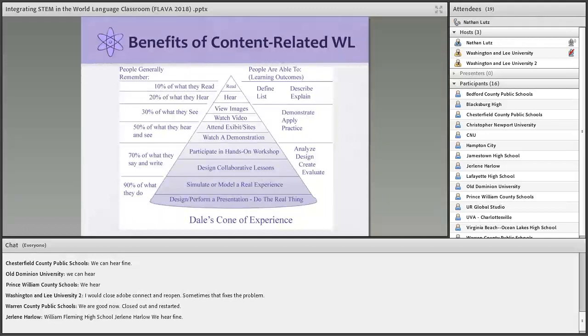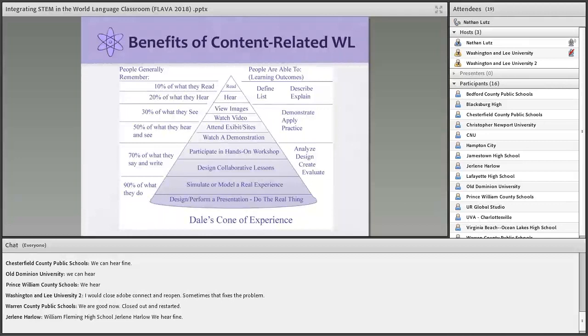So if you look in the middle, those are the various types of activities that one might do in a classroom. And then on the left-hand side, there's a correlating percentage, telling us what percent of people generally remember what they've done according to the activity in the middle. And then off to the right, we have what people are able to do after the fact, the learning outcomes.